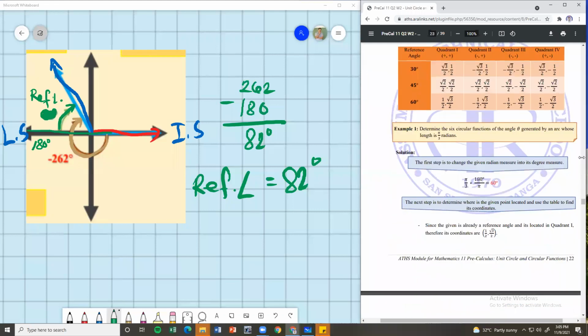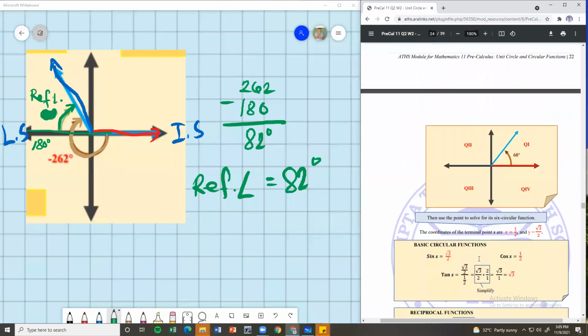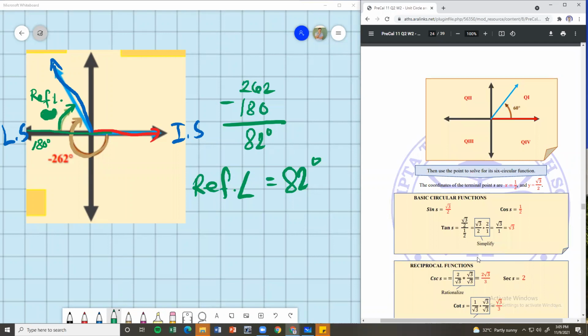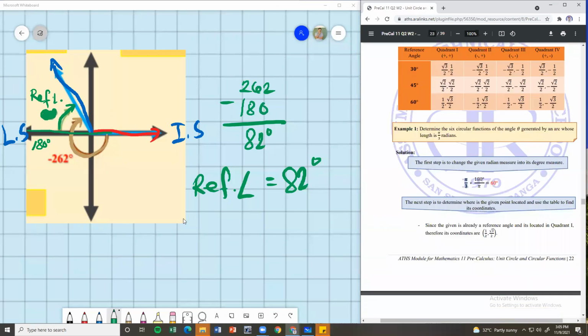So dito, radian measurement naman ang hahanapan ng 6 circular functions. Dito, wala kang ibang choice. The only choice is to convert your radian to degree measure and then continue with the process kanina. Okay? Do you want to have an example? Let's try this. Ready?